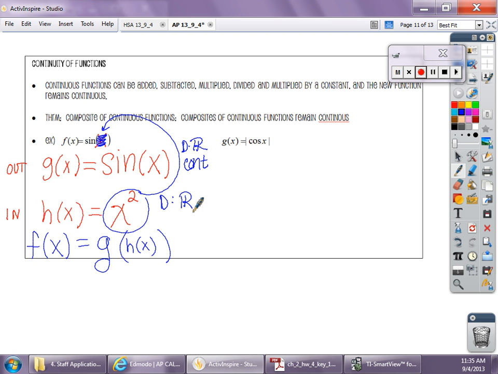This guy has a domain of all real numbers, and he's continuous. What that means is the composite has a domain of all real numbers, and it is continuous. So as long as you know the parts are continuous, that's my easy way of saying it. If the part and the part are continuous, then the whole will be continuous. Makes sense, right? All right, same thing works for this guy.